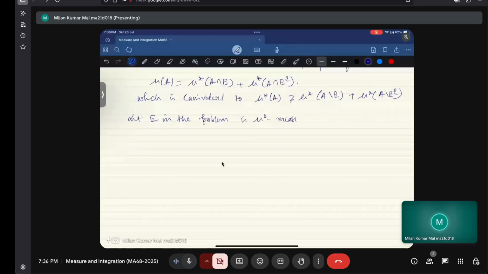Now that means for any set A, this will hold. Now we have to choose A wisely so that we can get these things.